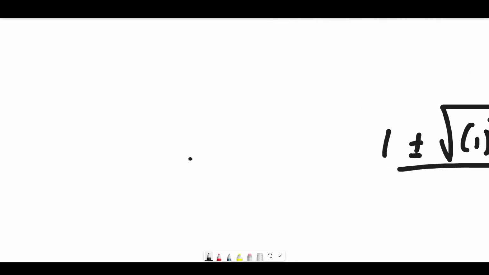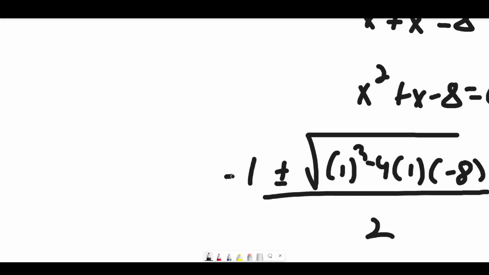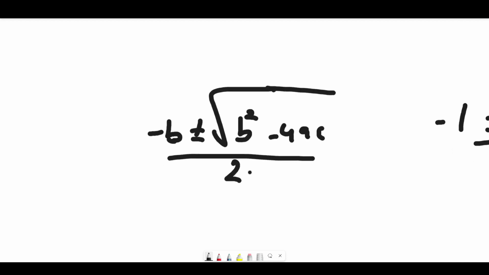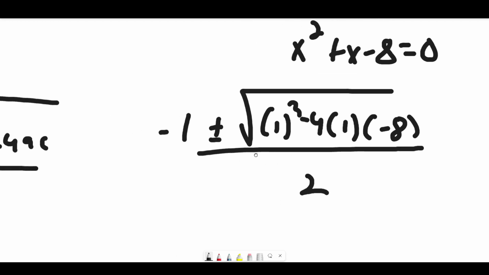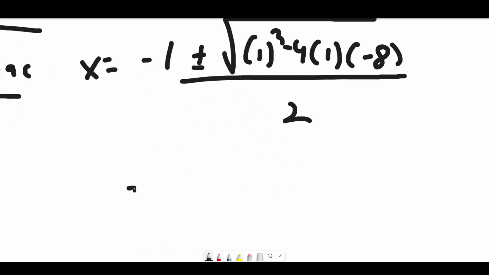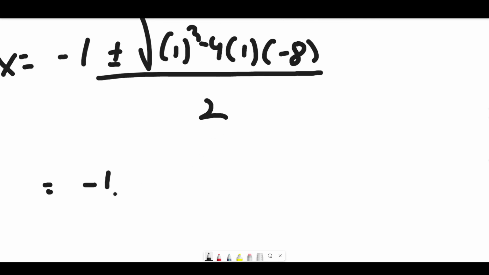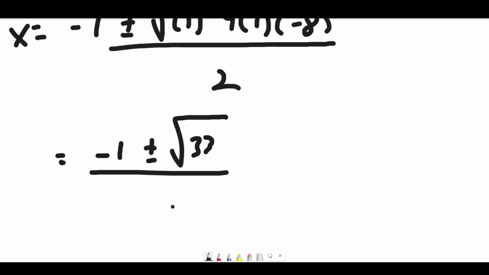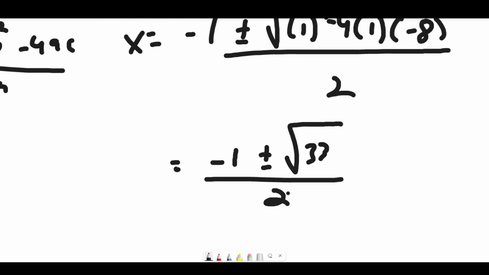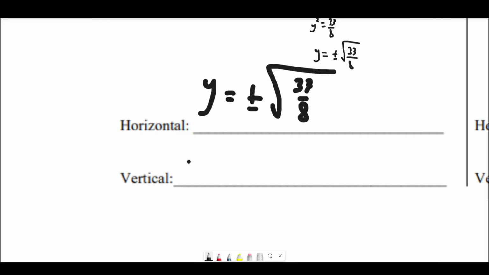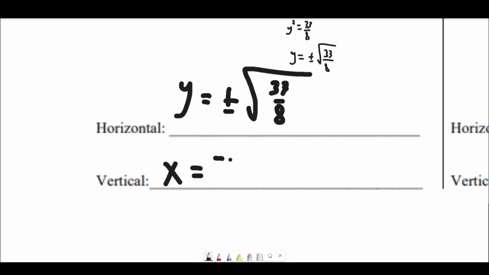So that's what I did, and this is going to be x equals negative 1 plus or minus the square root of 33, all over 2, which should be our answer for x. So I'm just going to put my answer right here.